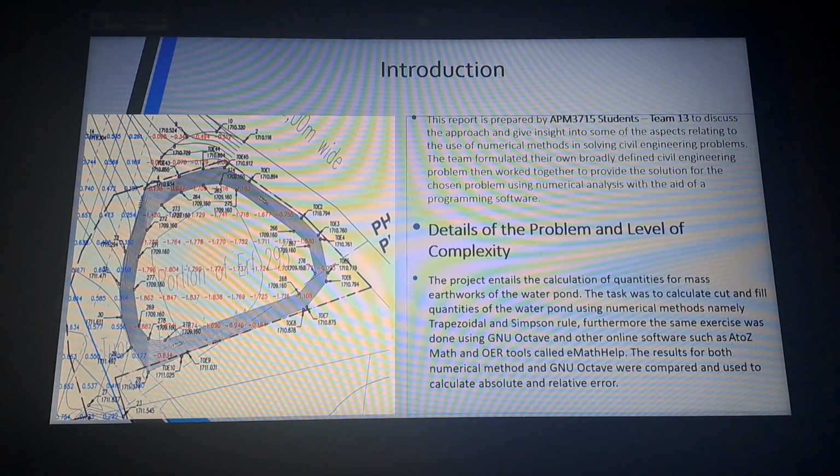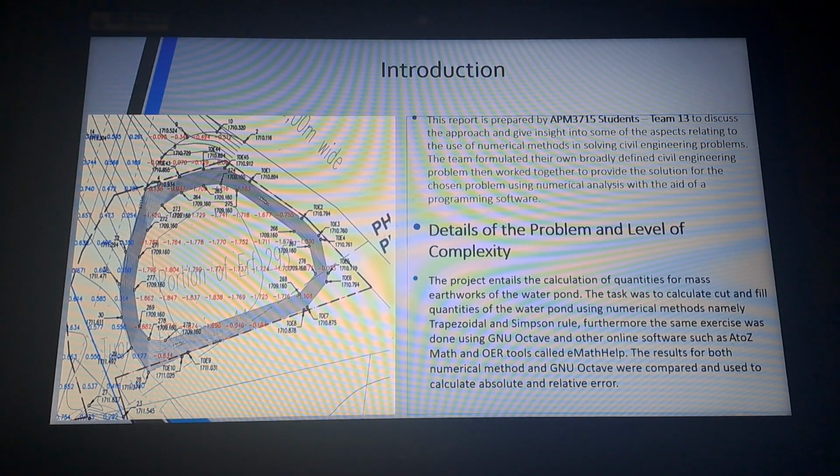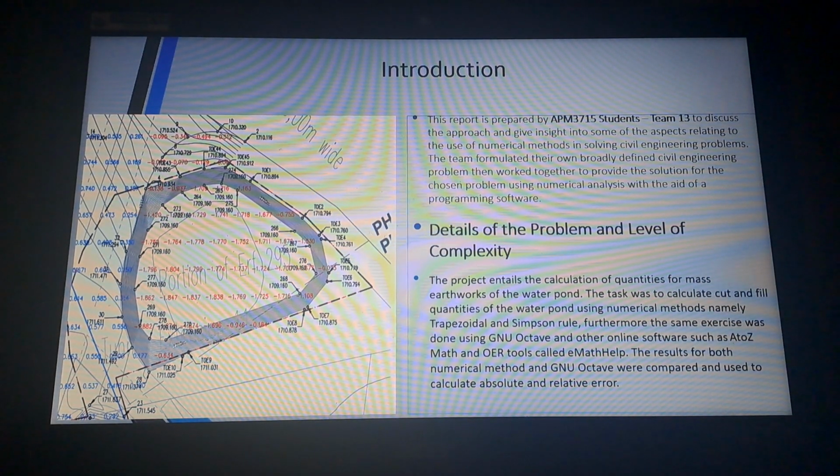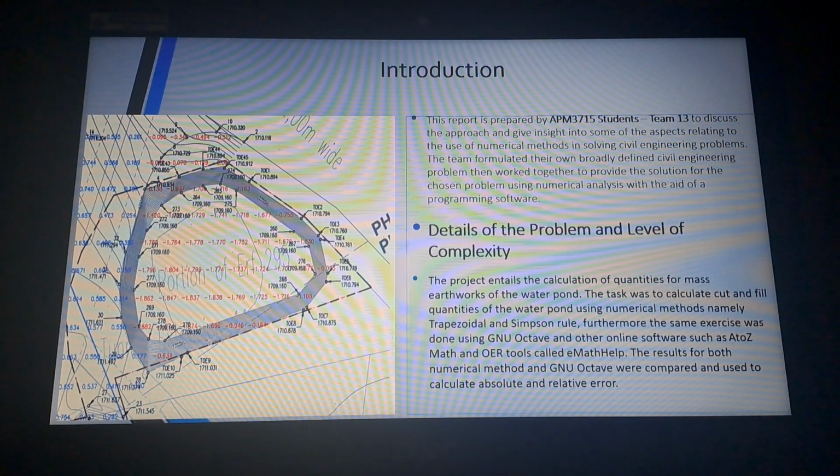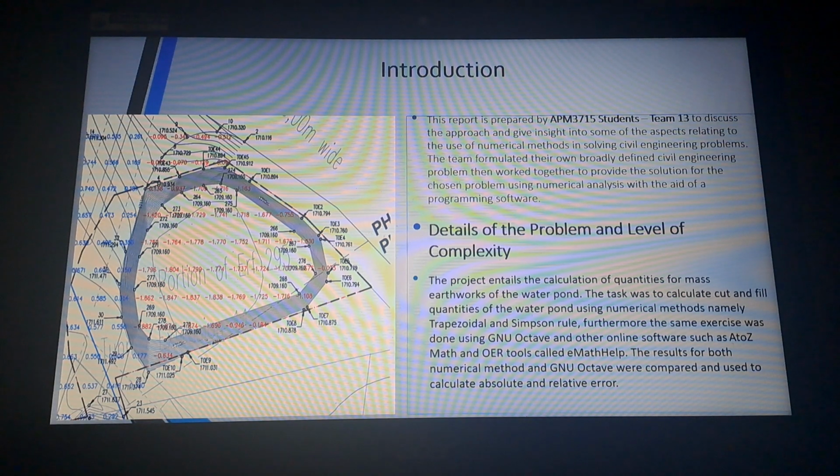The results for both numerical methods and the GNU Octave were used to calculate the absolute and relative error.